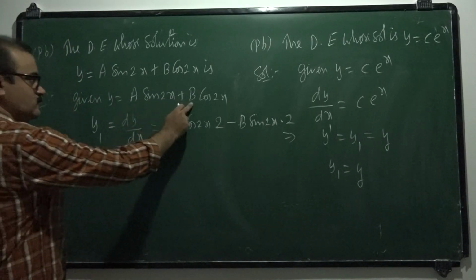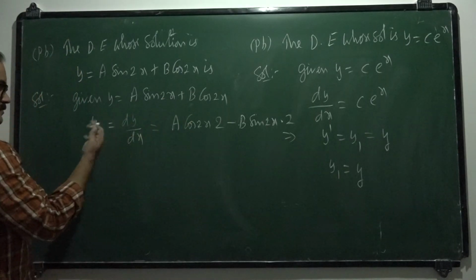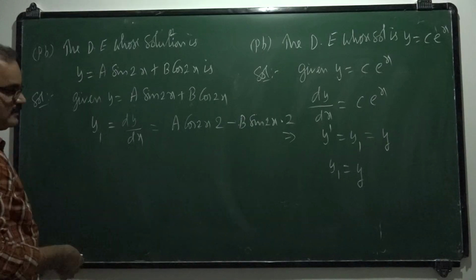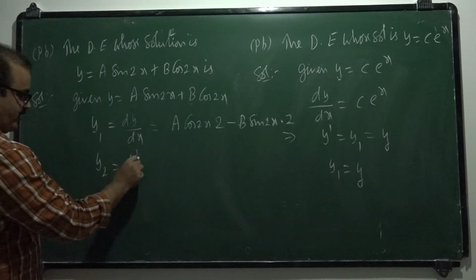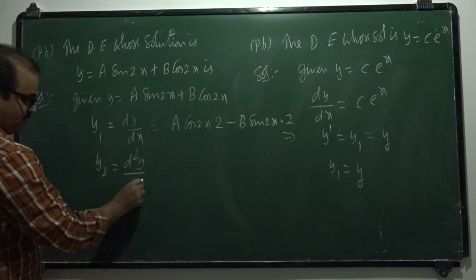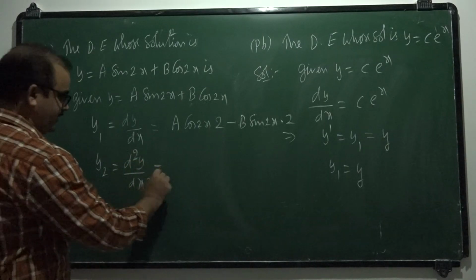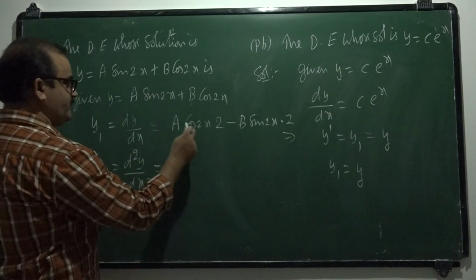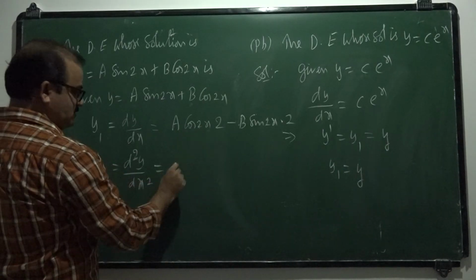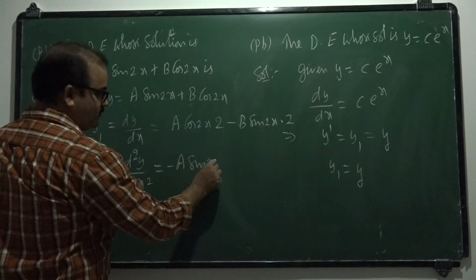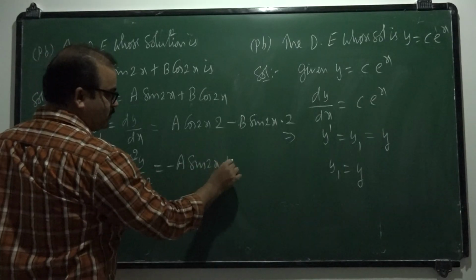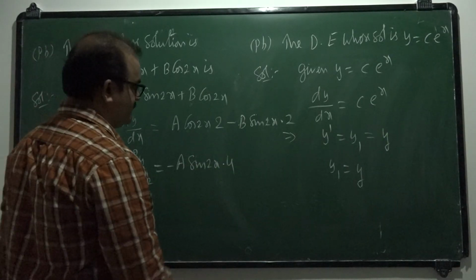Here there are two arbitrary constants. So we find up to second order derivative. Next, y2. y2 means second derivative, d square y by dx square. Again find derivative. Derivative of cos 2x, that is minus sin 2x into 2. 2 into 2, 4.